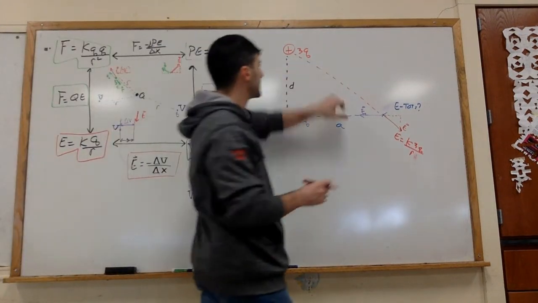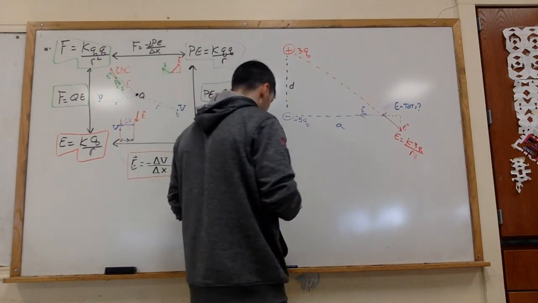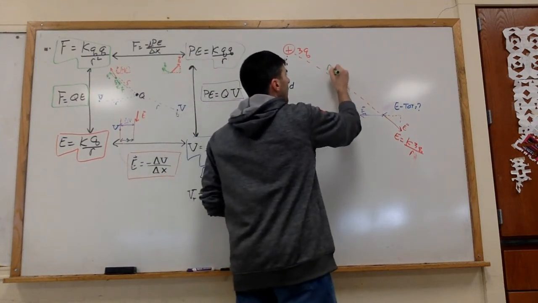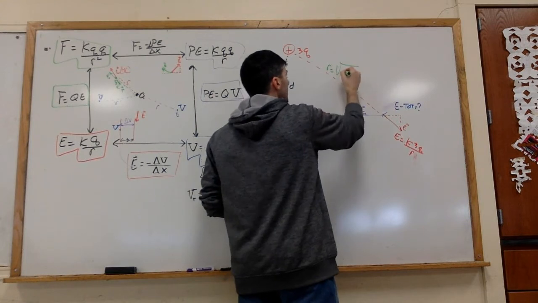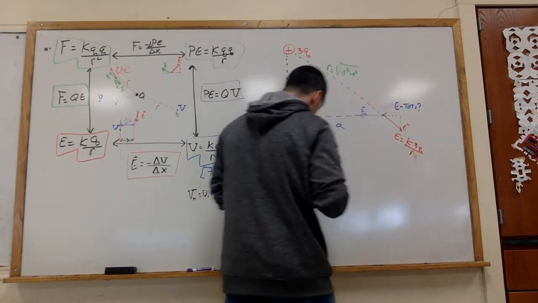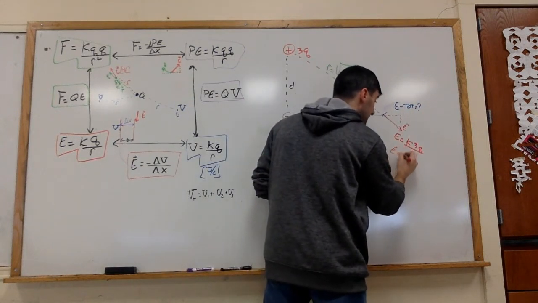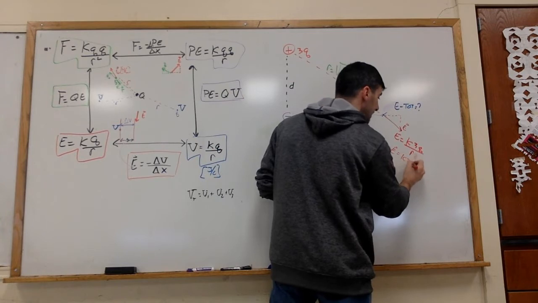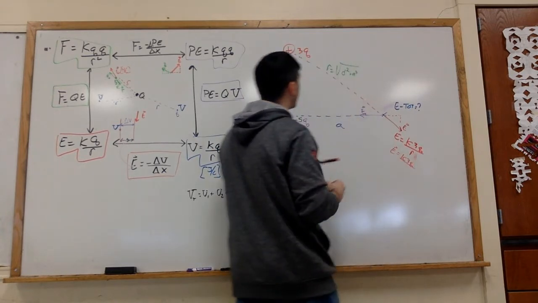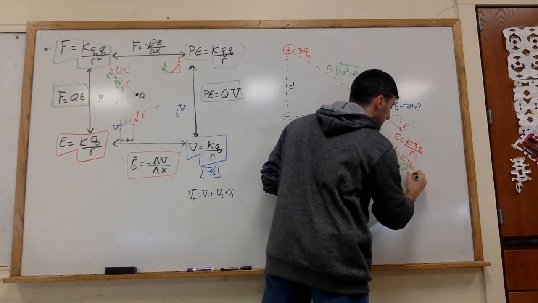Now I know my distance r here, using simple Pythagorean theorem, is equal to the square root of d squared plus a squared. So I know my electric field, not in component form, my vector, is equal to k times 3q divided by the square root of d squared plus a squared.